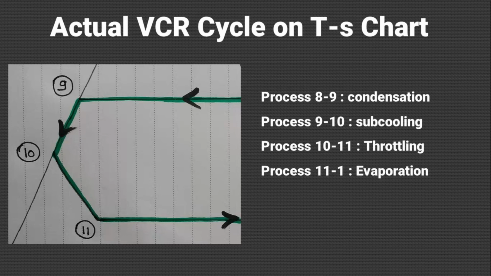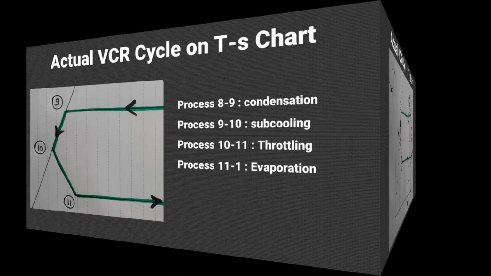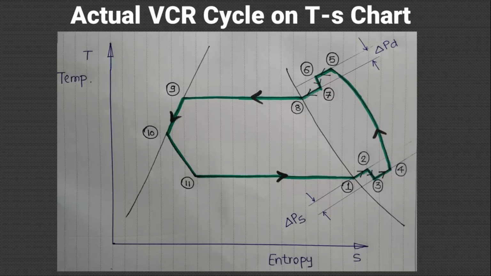Evaporation of refrigerant occurs in the evaporator. The process occurs at constant temperature and constant pressure, and it produces the required cooling effect. The refrigerant then completely evaporates and is sucked by the compressor. In this way, the cycle completes.